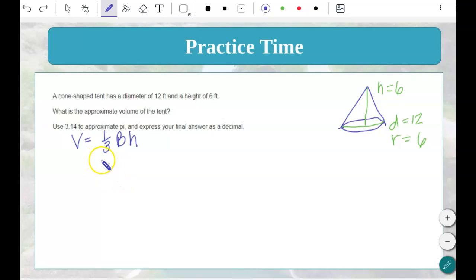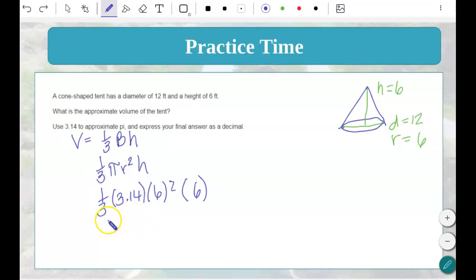It does say to use 3.14 for pi, because we have pi r squared for our base. And so I'm going to go ahead and put 3.14. Our radius is 6, so we're going to square that. And then our height is 6. So we'll go ahead and simplify.